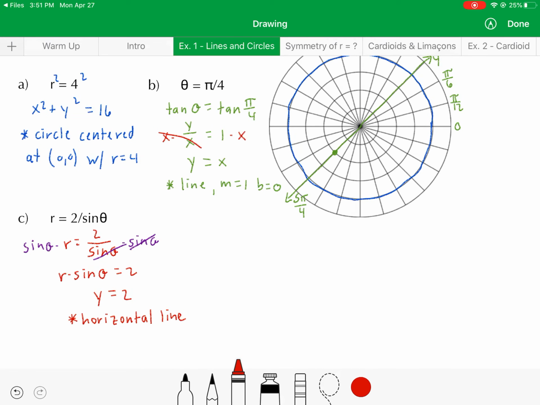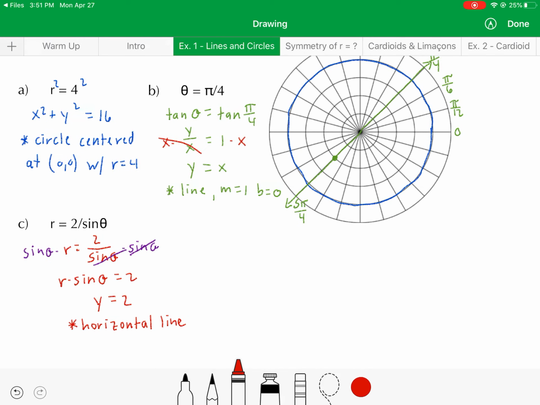What we have to understand is that the circle of radius 2 technically would intersect the coinciding y-axis at the point 0, 2, okay? So that's the point of tangency between the circle r equals 2 and this line of r equals 2 over sine of theta. And it's just going to look like this.